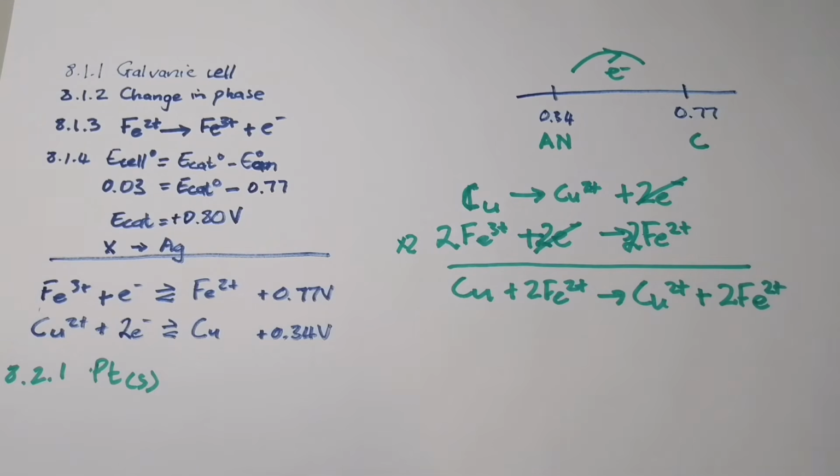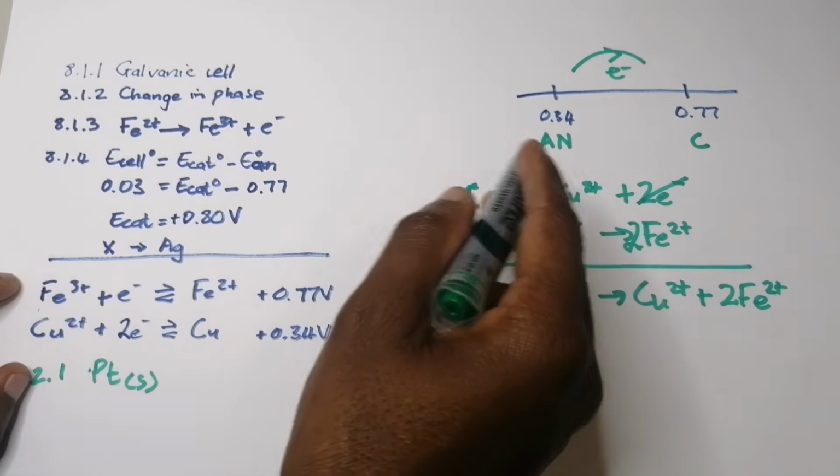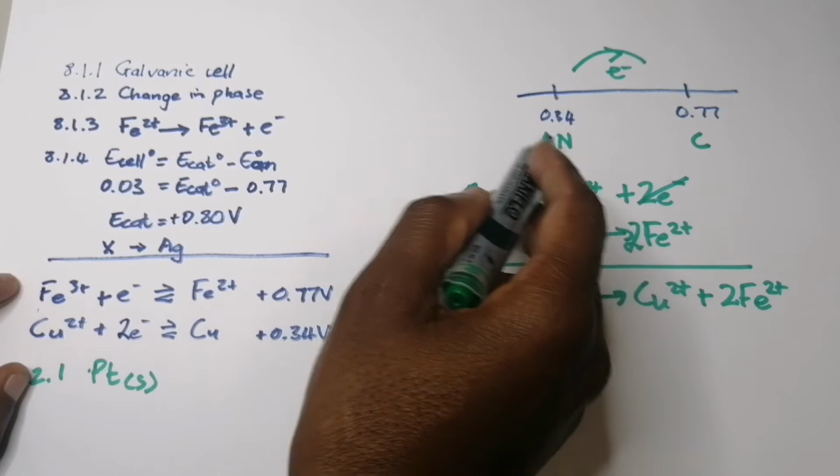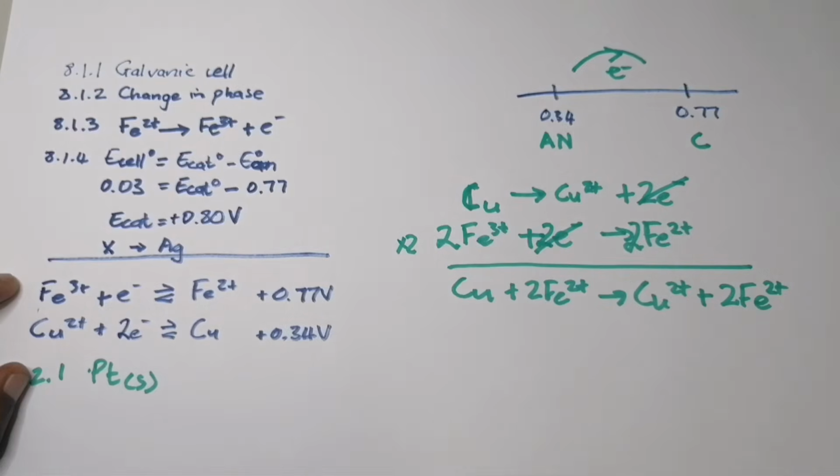So the oxidizing agent is the one that undergoes reduction. Which one undergoes reduction? Remember, reduction occurs at the cathode. You remember that red cat and an ox thing, right? So anode undergoes oxidation, cathode undergoes reduction.